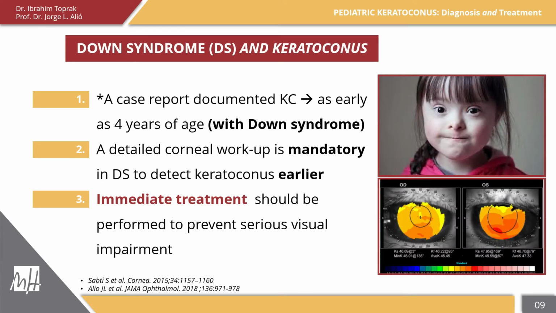A case report documented keratoconus as early as 4 years of age in a child with Down syndrome. A detailed corneal workup is mandatory in Down syndrome to detect keratoconus earlier, and immediate treatment should be performed.